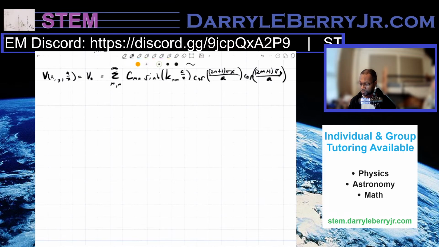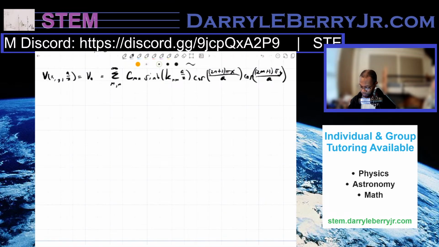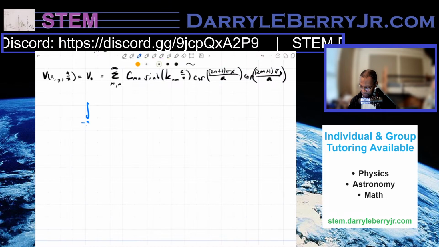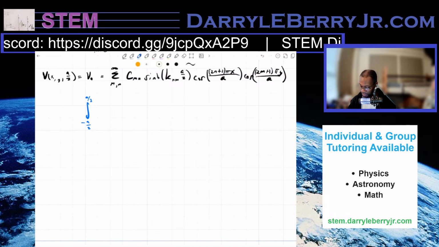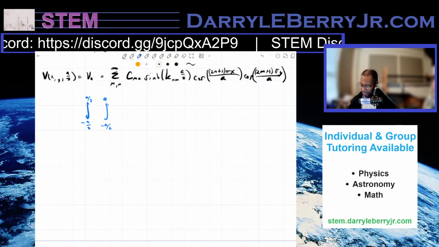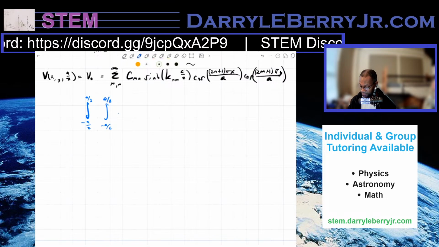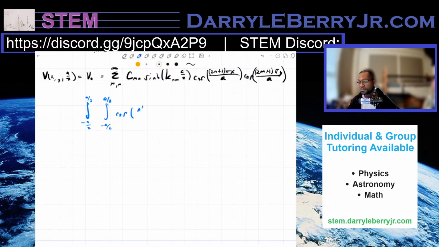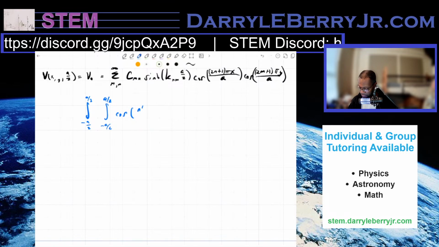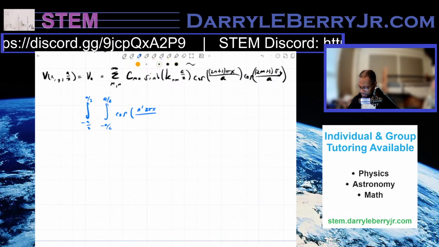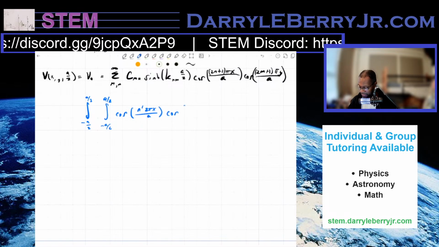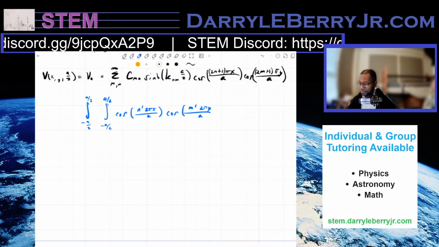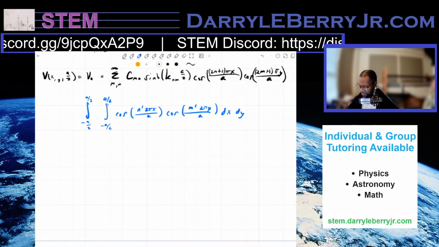So I'm going to multiply both sides by the integral negative a over 2 to a over 2, integral negative a over 2 to a over 2, cosine n prime 2 pi x over a, cosine m prime 2 pi y over a dx dy.